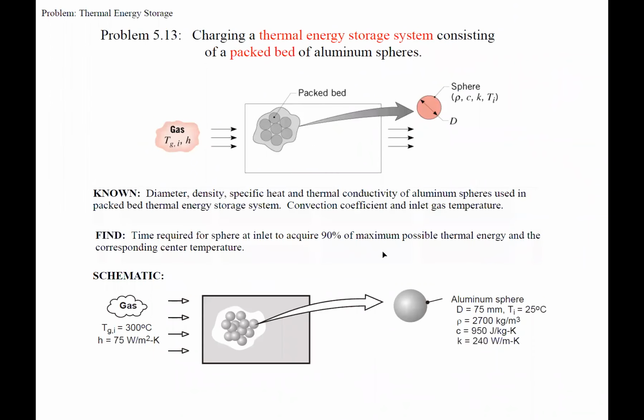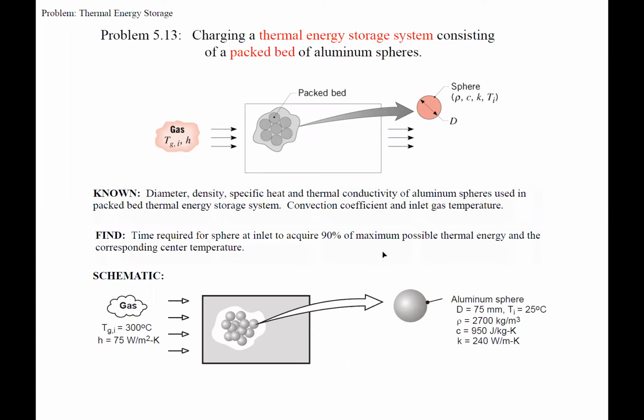All right, so let's do some examples. 5.13. Thermal energy storage systems commonly involve a packed bed of solid spheres through which a hot gas flows if the system is being charged, or a cold gas if it is being discharged.